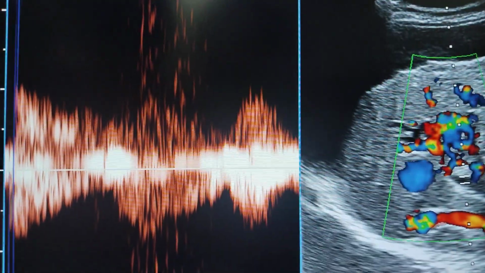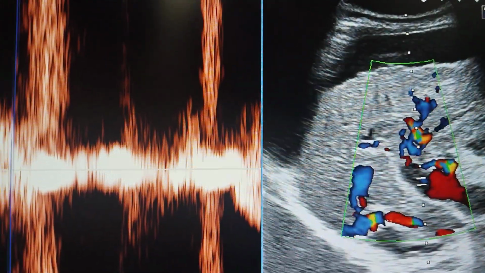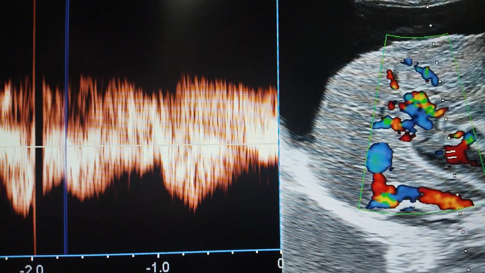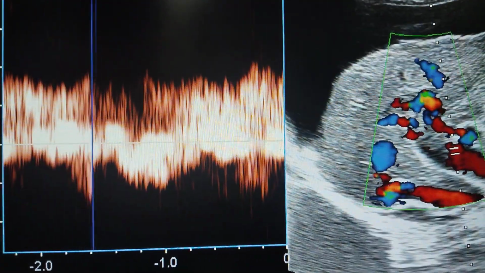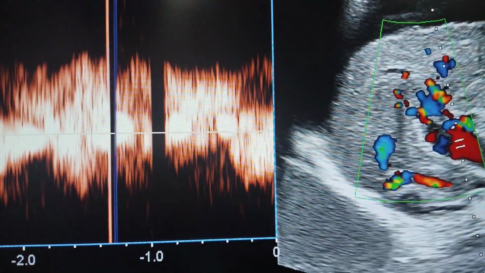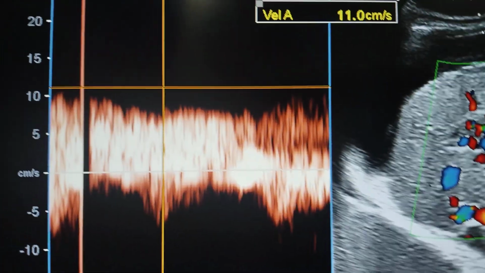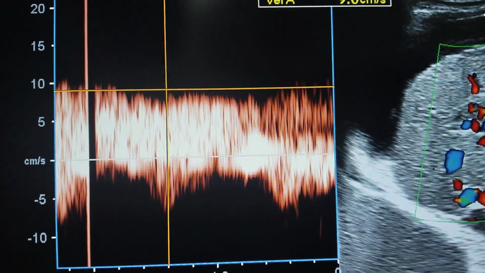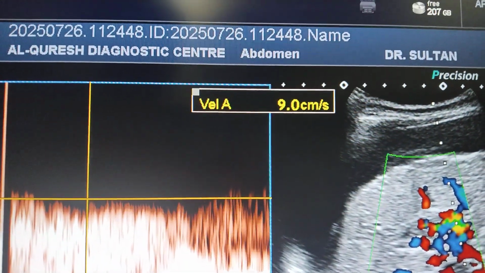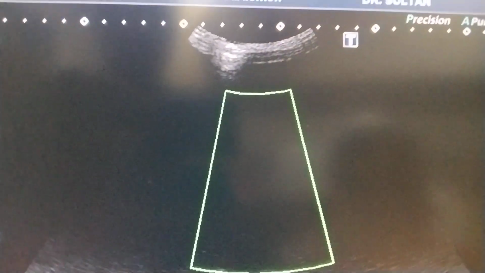Below this is the low velocity of the portal vein. And this is the velocity of the portal vein, which is almost 9 centimeters per second. This is a very low velocity of the portal vein.